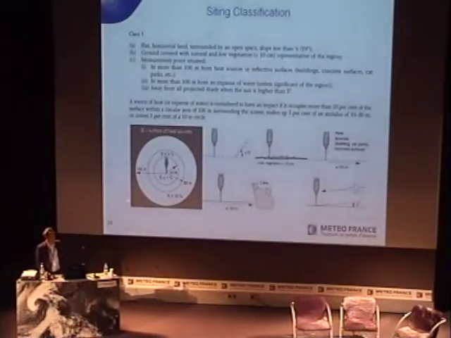There are often some little drawings that will show you geometries of the location of your instrument. For example, this classification is used for temperature and humidity, and you should avoid, of course, some obstacles that prevent the energy from coming into this area, because you want a good representation of the atmosphere exposed to the radiation.